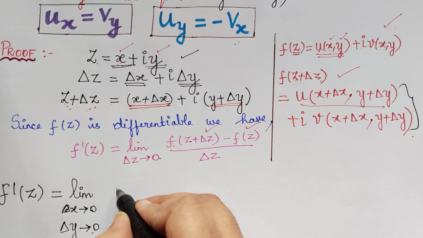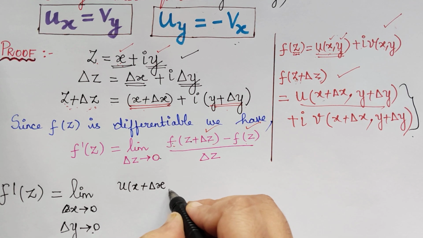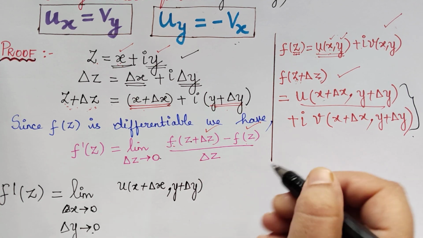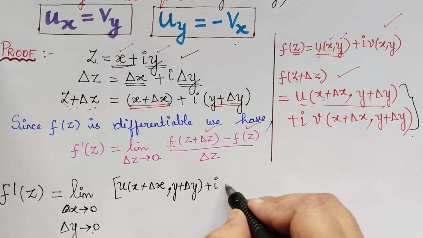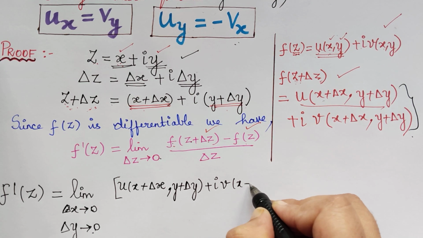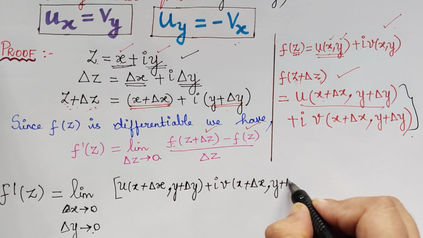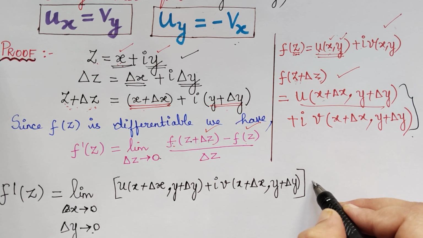So what is that? u of x plus delta x, comma, y plus delta y, and then plus i multiplied with v of x plus delta x, comma, y plus delta y. So this is f of z plus delta z.